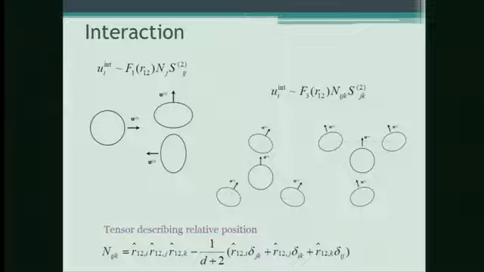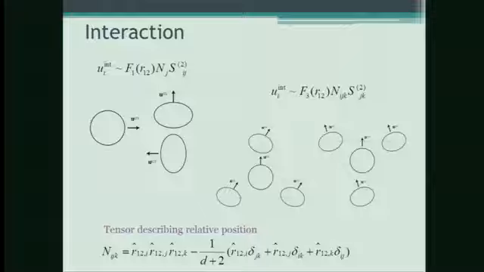R12 hat is a unit vector connecting the two droplets. And this term means that the interaction of these three situations is the same, but these three positions have opposite contribution from this kind of position.